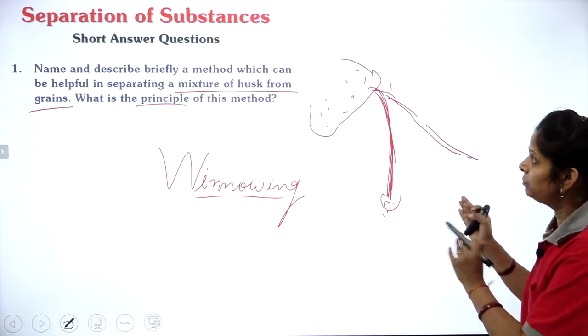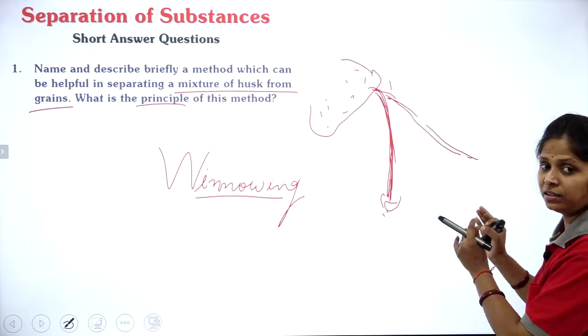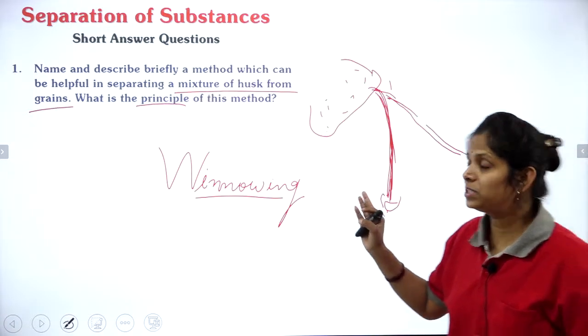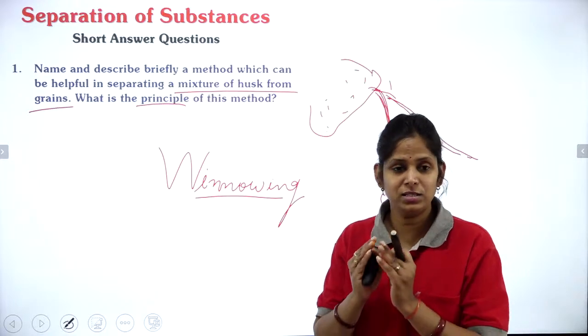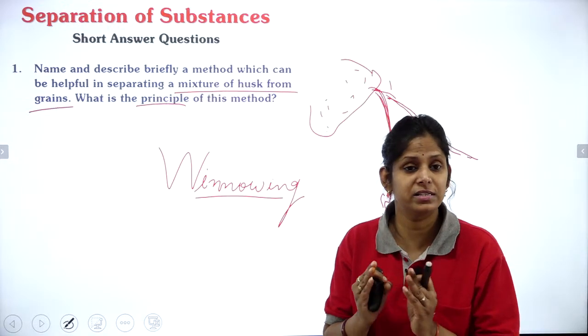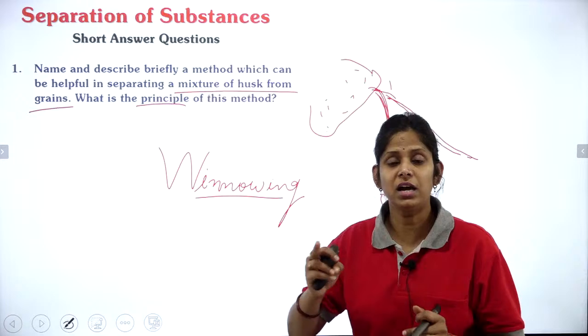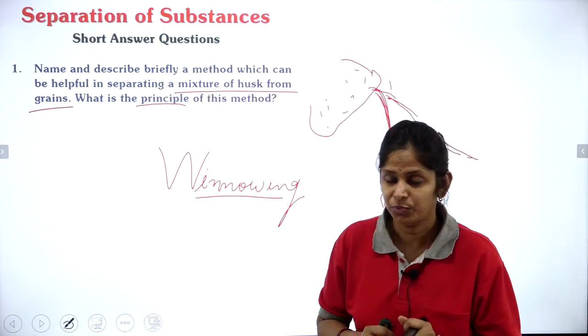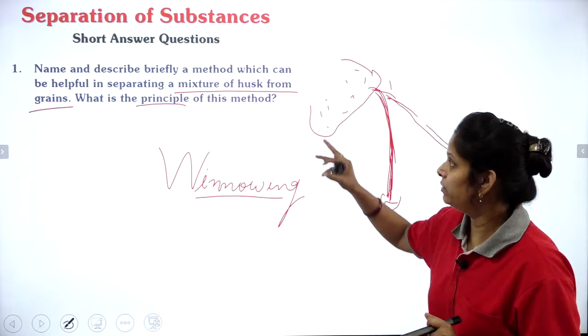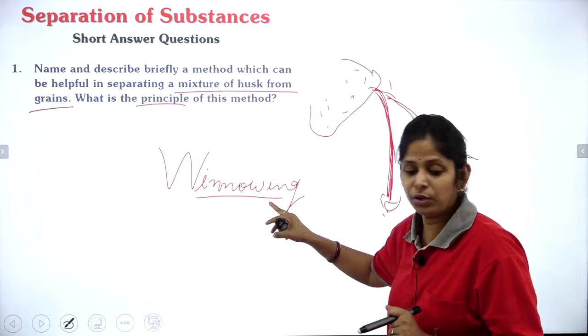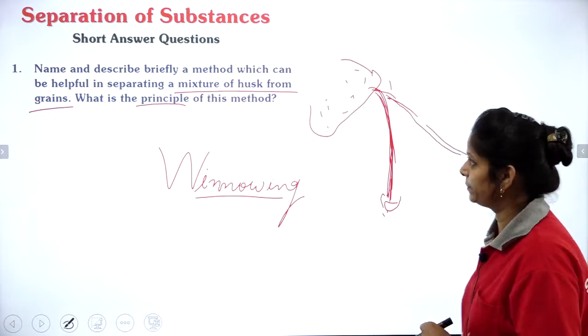So this is done by this process. What is the principle of this method? It is based on the fact that husk is lighter and grains are comparatively heavy. So this is the principle behind it. And which method is used for this? The winnowing method is used for this.